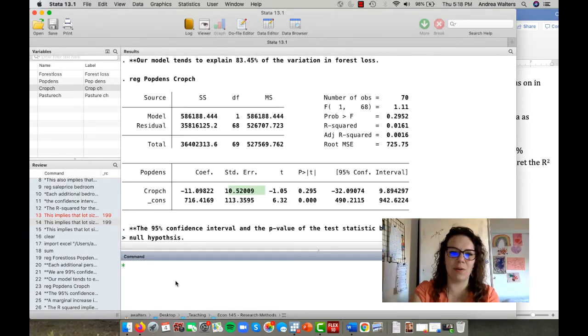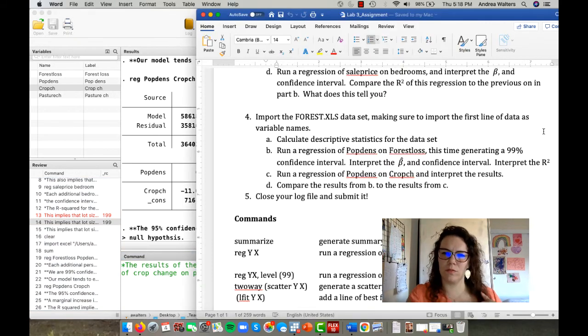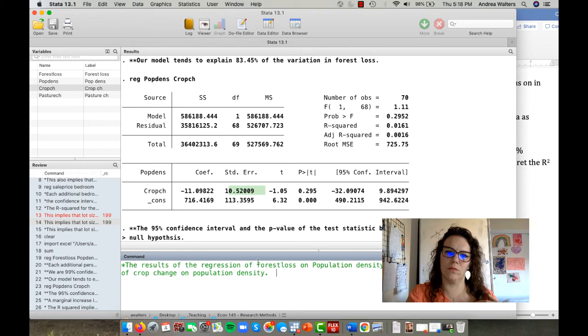So we can say as part C, the results are much stronger than those of crop change on population density.